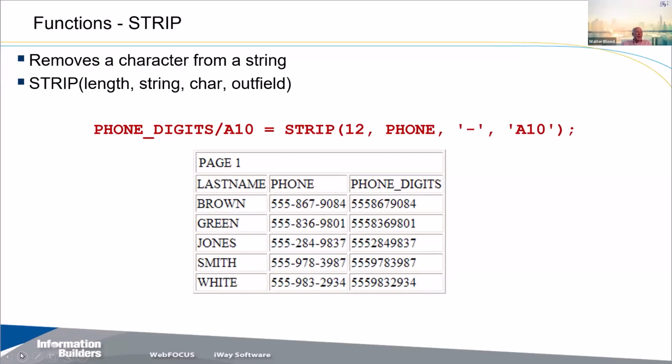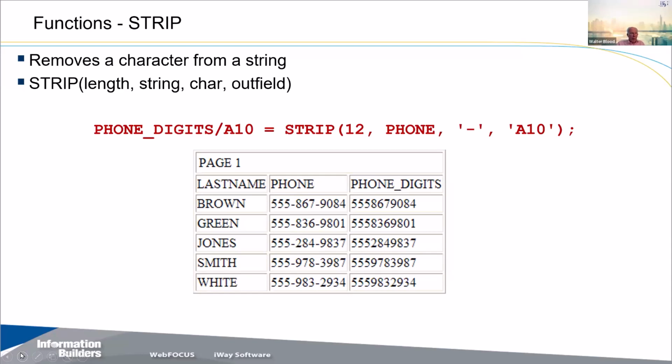STRIP basically removes a character from a string. Since STRIP is an older function, we have newer versions of some of these functions that do not require that you use the A10. That last parameter that we have to pass in has always historically been the output for where we're putting it.